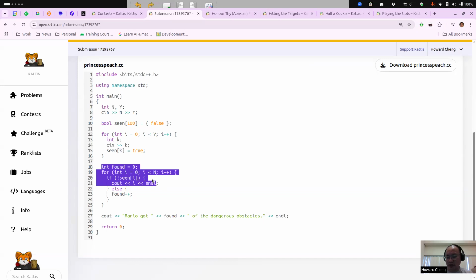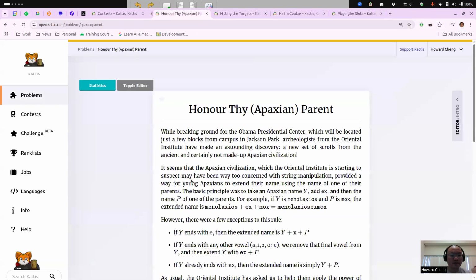If it's not found, then I got to print it, right? Otherwise, I just remember that I found one more thing. Because at the end of the day, I have to produce how many obstacles he's found. Okay, so that just keeps a count. There's probably not much more to say. It's fairly straightforward. So move on to the next one.